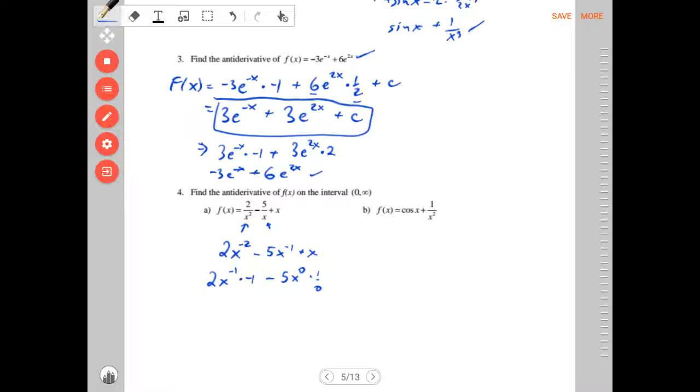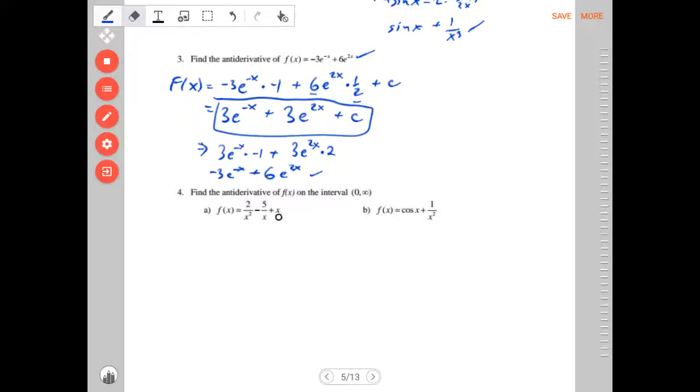Oh, and that doesn't work. That's undefined. So there's got to be something different with the over x's. That's why we don't do that for the over single x part. Remember, that is where the ln function comes in.